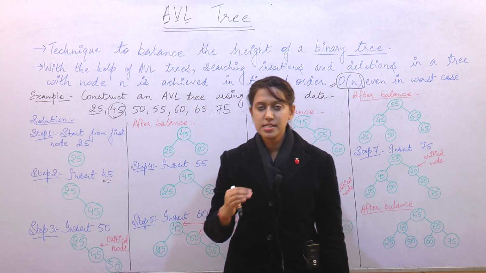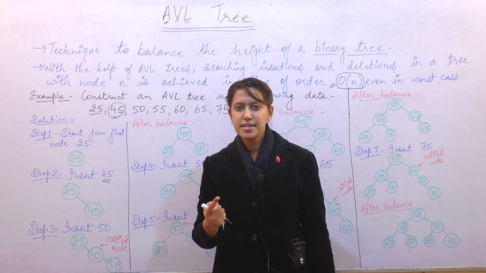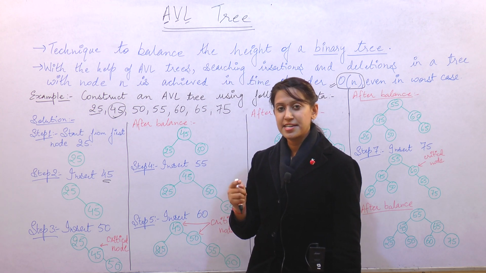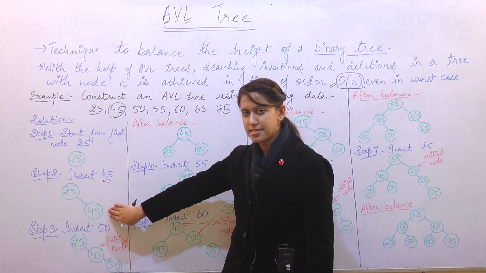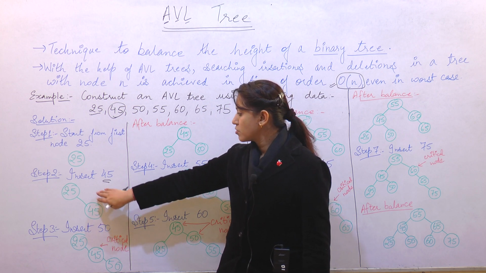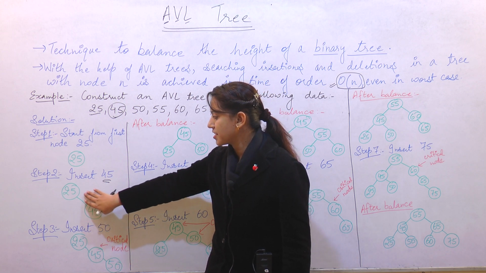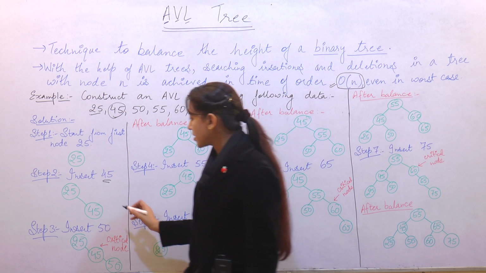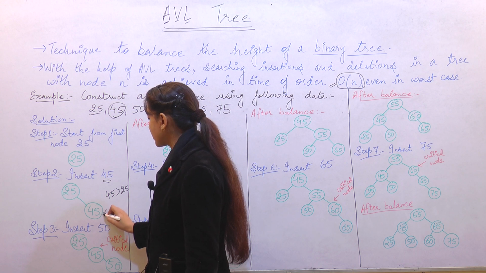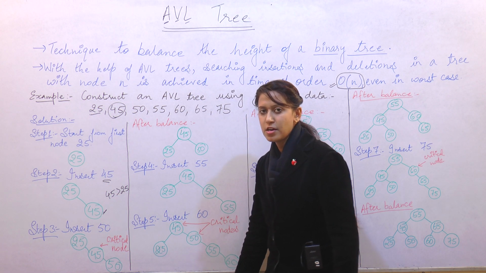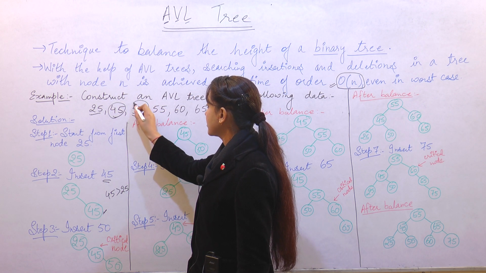Since 45 is greater than 25, and this is a property we studied in binary trees, the element greater than the root node will always be inserted on the right hand side of the root node. So we insert 45 on the right side of root node 25.